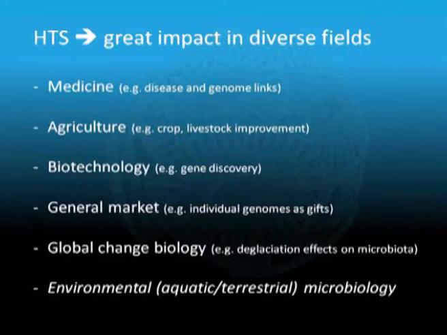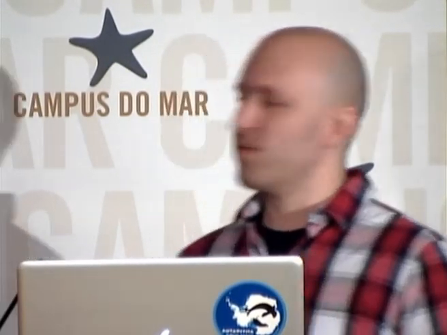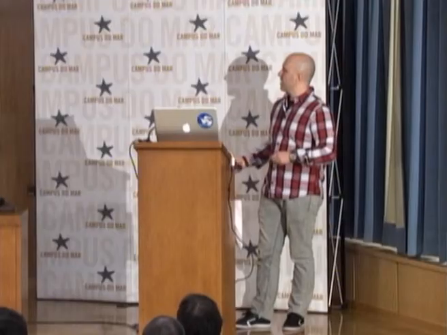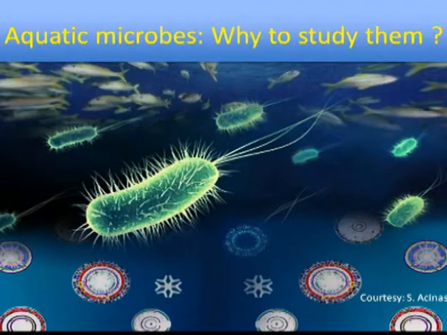I'm not sure if that's going to happen or not, but people are talking about this. Global change biology, there are some interesting papers coming out, looking at how, let's say, global warming might affect microbes. And also environmental microbiology, which is more or less my field, aquatic and terrestrial. And this moves us to the next topic, which is aquatic microbes.